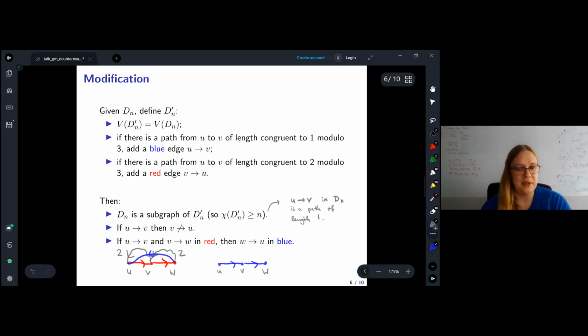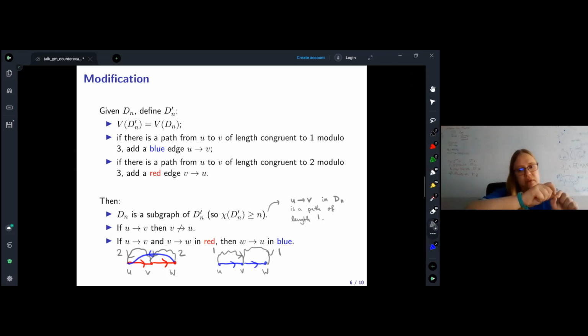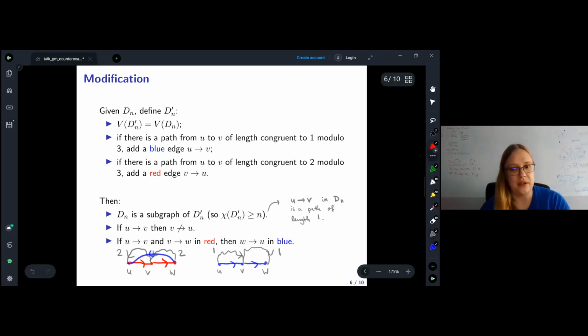And there's symmetry. If the same thing happens with blue and red switched, then I have a path in Dn of length 1 mod 3 from u to v, and a path from v to w of length 1 mod 3. So from u to w, I can concatenate them to get a path of length 2 mod 3, which tells me that I should put a red edge here.